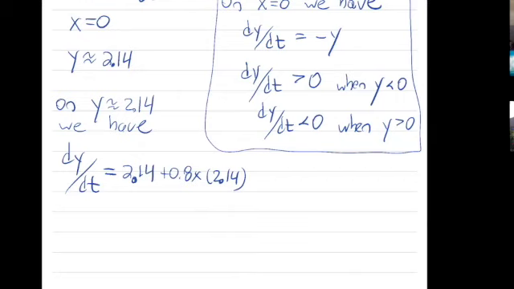So what do I get when I take 0.8 times 2.14?